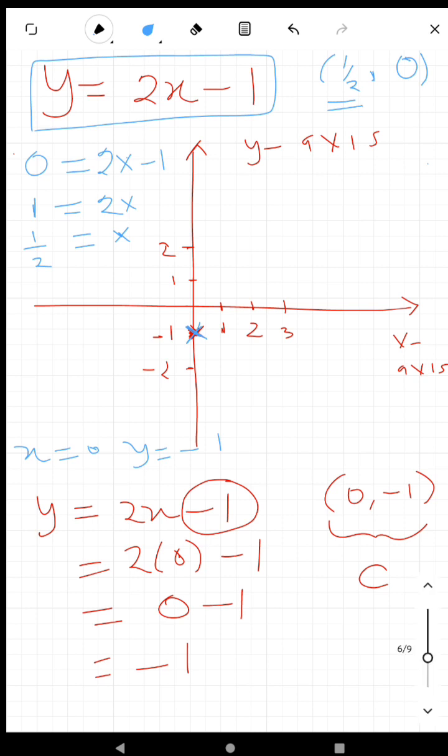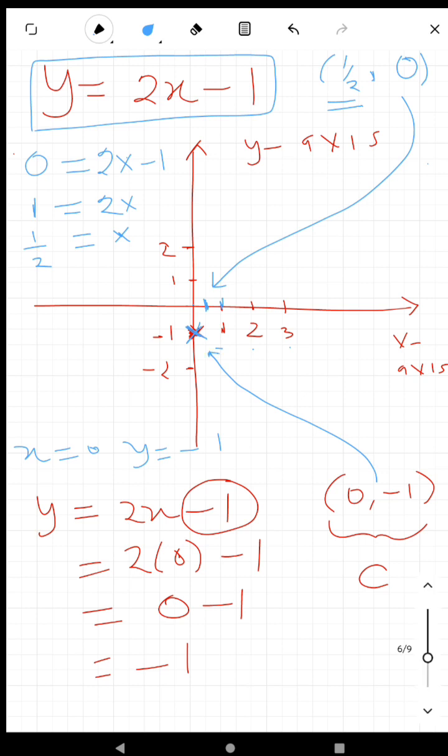So where is x half? On the x-axis, you have 1, 2, 3. So half will be in between 0 and 1. So half will be somewhere here. That's the coordinate here, whereas this one is the coordinate here.